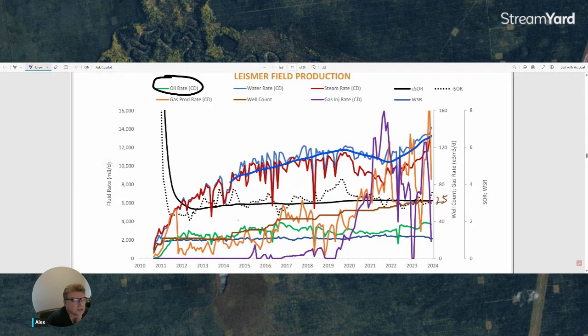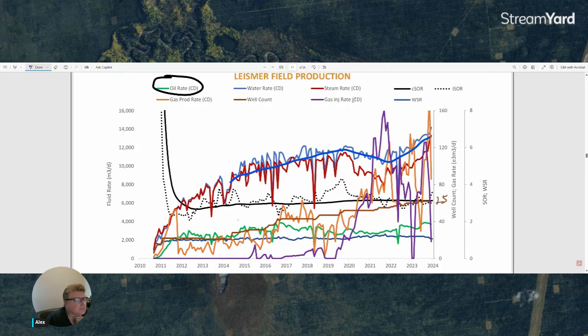What does that correlate with in this chart? What's the source of that water? Steam, exactly. Good job, guys. So you injected steam, the steam transferred the heat, and then it condensed. So now you produce it back, right?